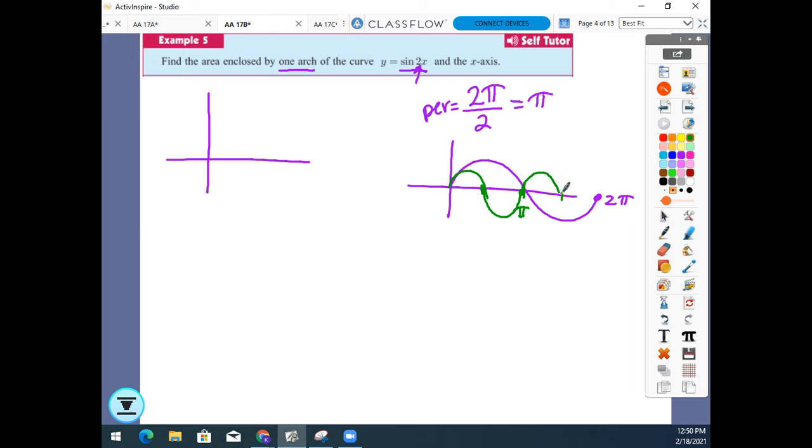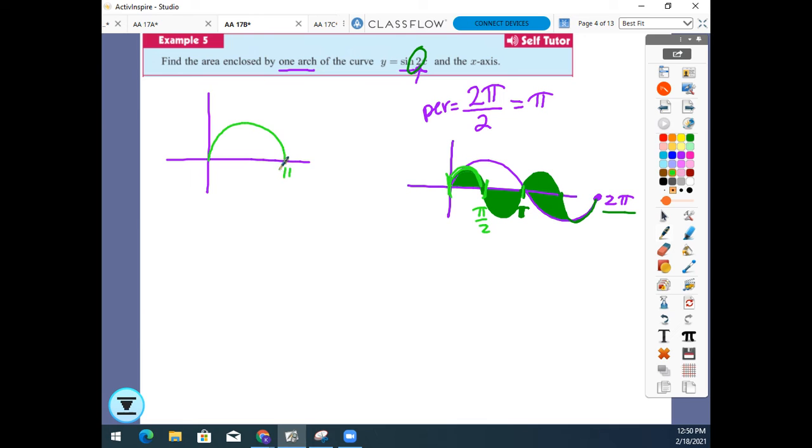It also tells me I can have 2 cycles within the normal 2 pi period. Either way, oh, that's kind of interesting. What we're looking for is this first arch. All right, so if this is pi, this is pi over 2.